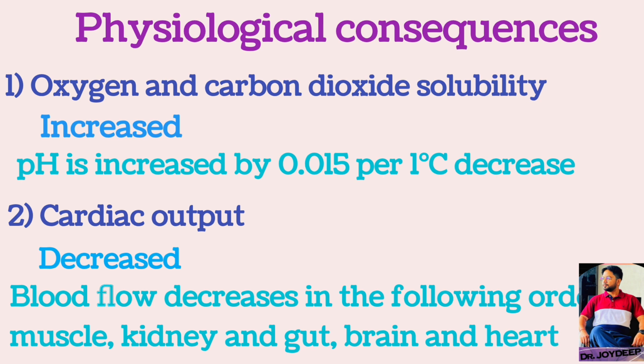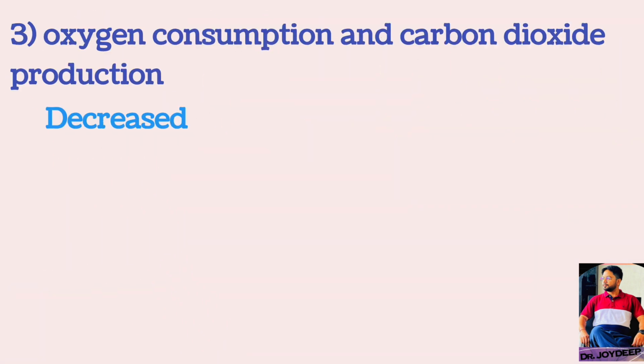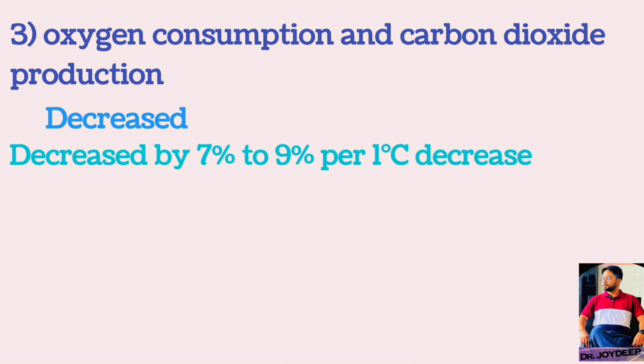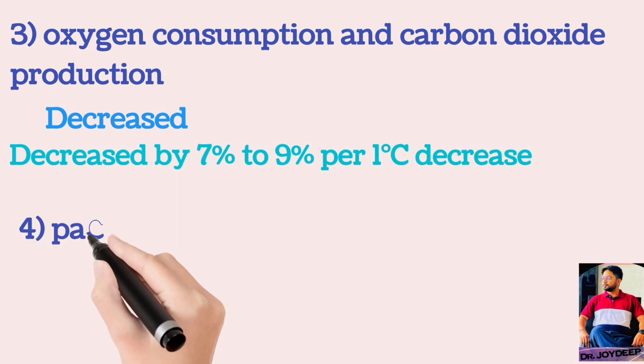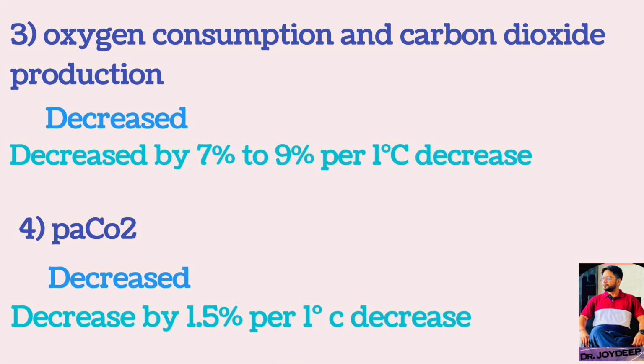Blood flow decreases in the following order: first in the muscle, then kidney, then gut, brain, and heart. Oxygen consumption and carbon dioxide production is decreased by 7 to 9% per degree centigrade decrease in the temperature. PaCO2 is decreased by 1.5% per degree centigrade decrease in the temperature.